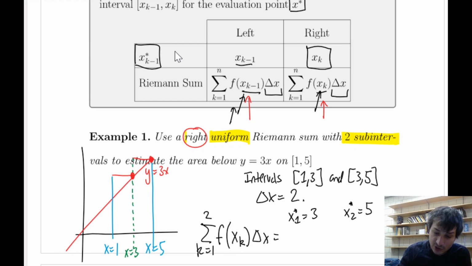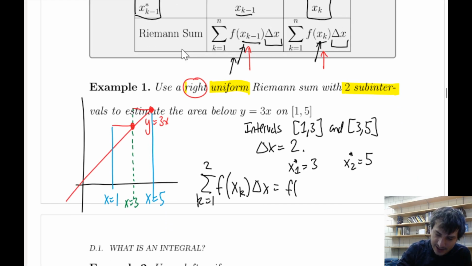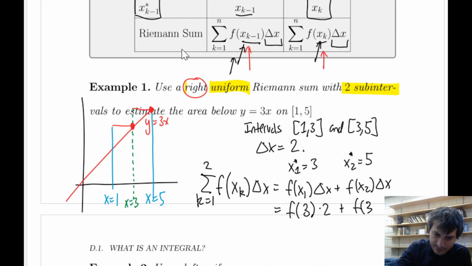Or because it's a sum of 2 things, you can just write it like this: f of x1 delta x plus f of x2 delta x. In our case, this is f of 3 times 2 plus f of 5 times 2. And you can see directly that the height of this left rectangle is f of 3, and the height of this taller rectangle is f of 5.